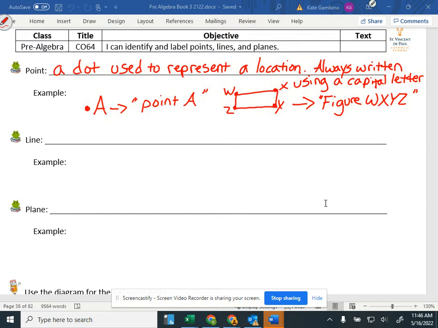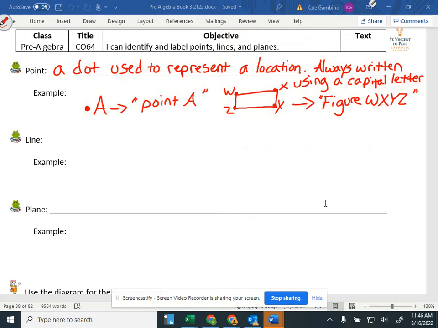And we always tend to go alphabetically, just to make it easier when we're labeling our figures. So the point, we call point A, and then if it's a figure and it's all connected, we would call it by all of the points. That's how we get the name of our figures.